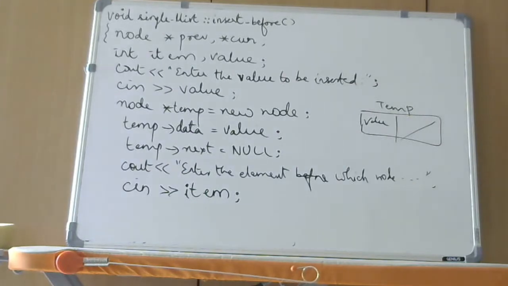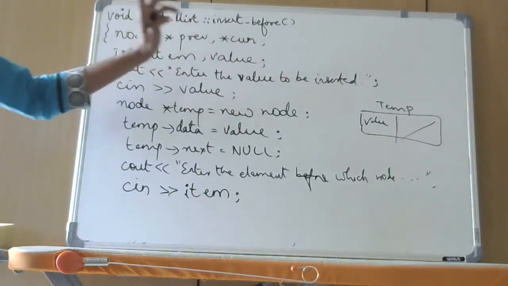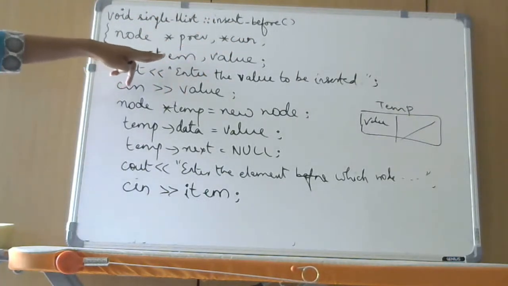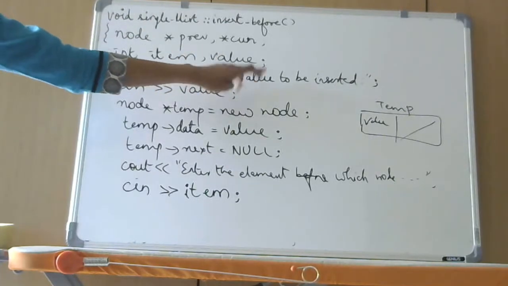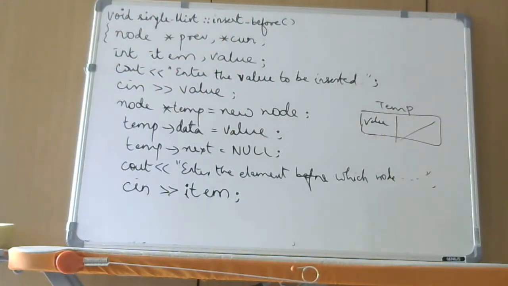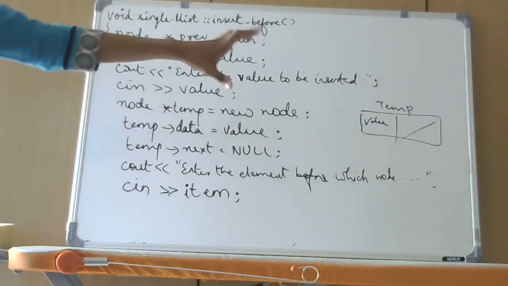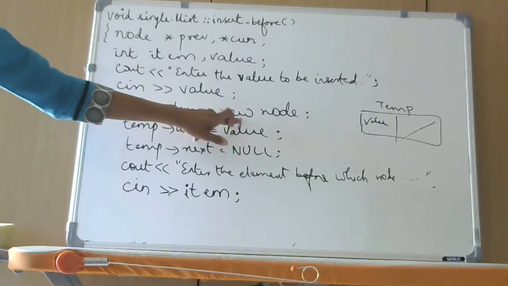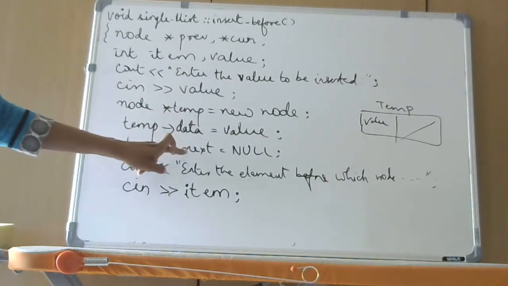So this is the initial part of the code. We have taken two pointers, previous and current, and I will tell you why we have taken them. Then I have taken two variables, item and value. Value is the value for the new node. Then I keep my new node ready: I create a new node temp, allocate memory, put the accepted value in temp of data, and temp of next is null.